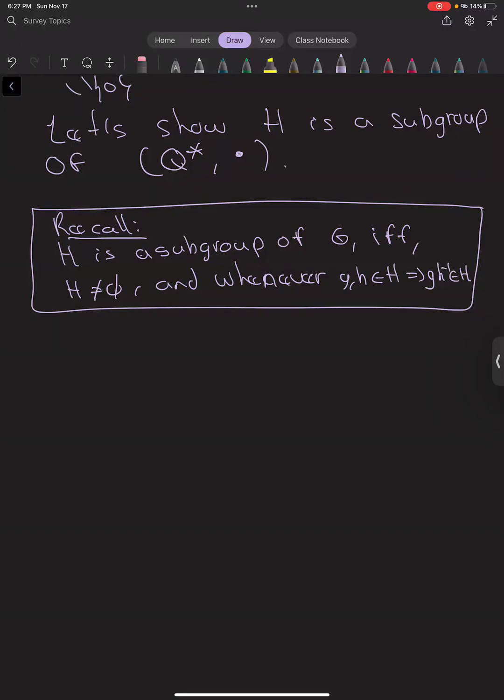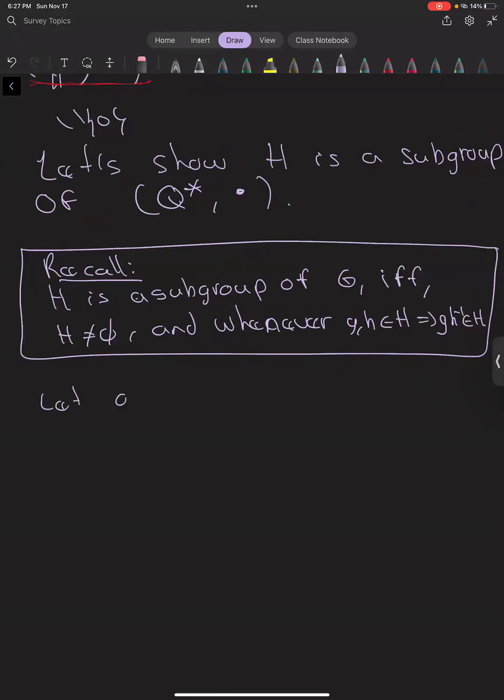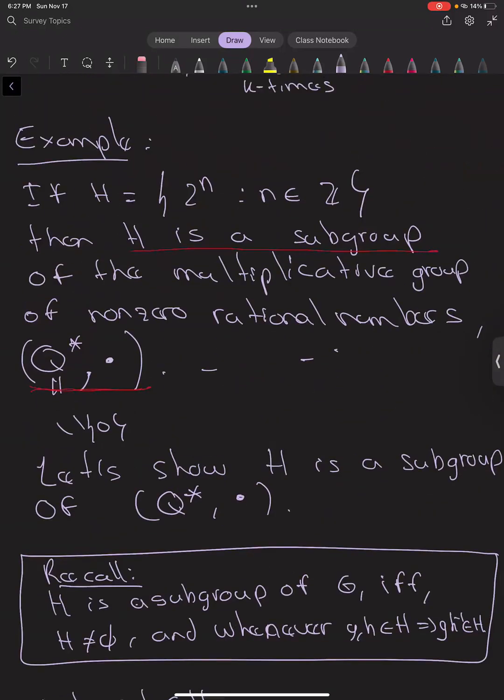So to show that H is a subgroup of Q star, we need to consider g and small h belonging to the set capital H. An element is in capital H if it equals 2 to the n for some integer n.